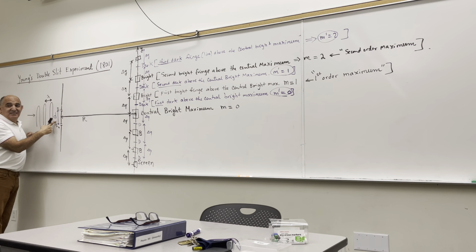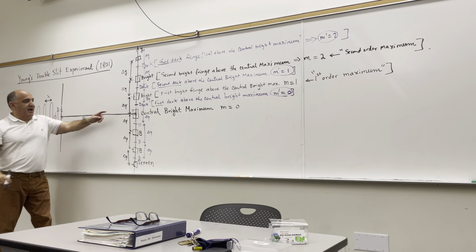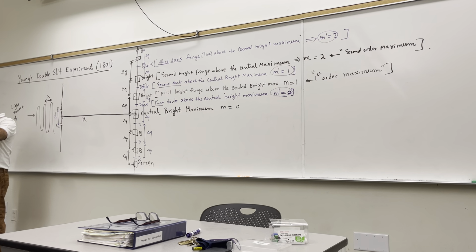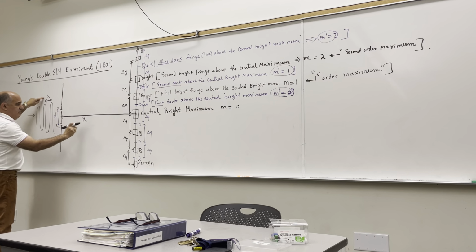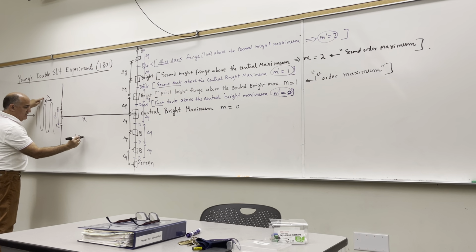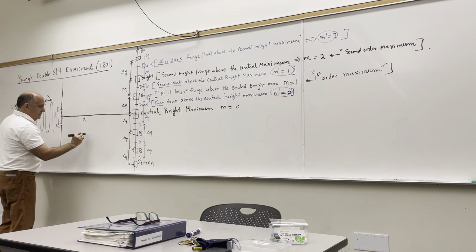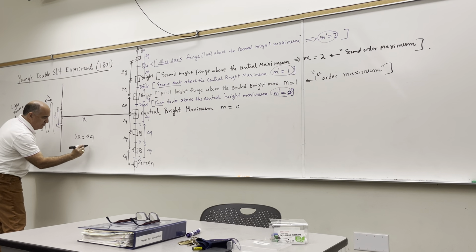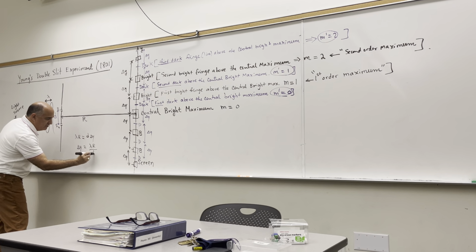And this distance is vertical, and this distance is vertical. So if I multiply the 2 horizontal distances together, and I set it equal to the multiplication of the 2 vertical distances together, so lambda r is equal to d delta y. So if I solve for delta y, it will be lambda r over d.